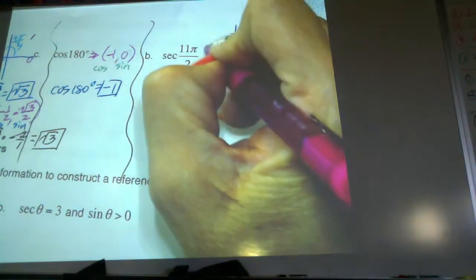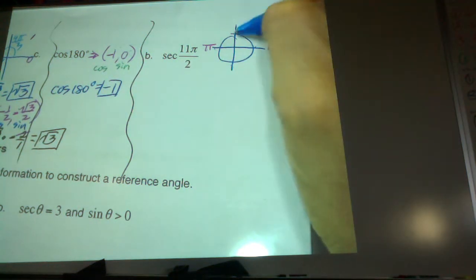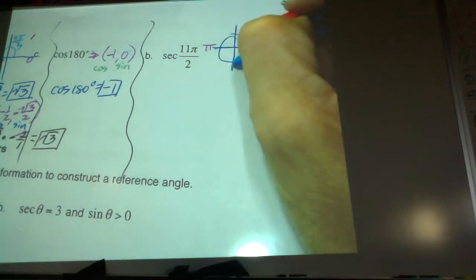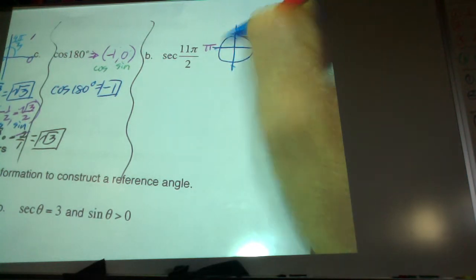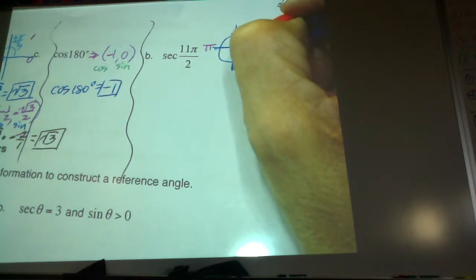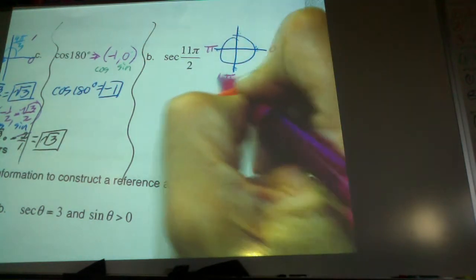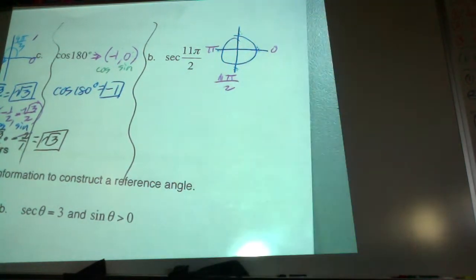From 0 to here, that's a pie. So therefore, from here to here is a half of a pie. So I'm going to count 1, 2, 3, 4, 5, 6, 7, 8, 9, 10, 11 halves. So doesn't 11 pi over 2 end up there?